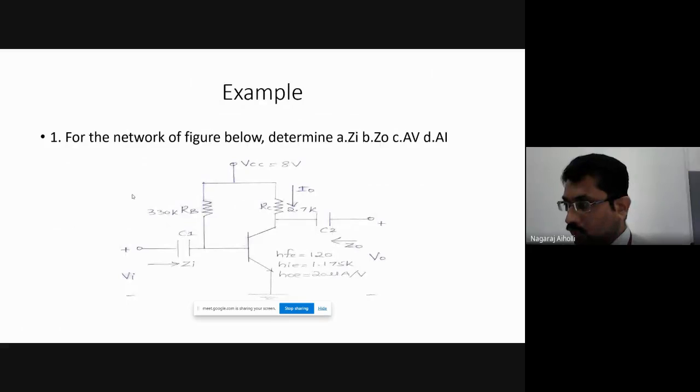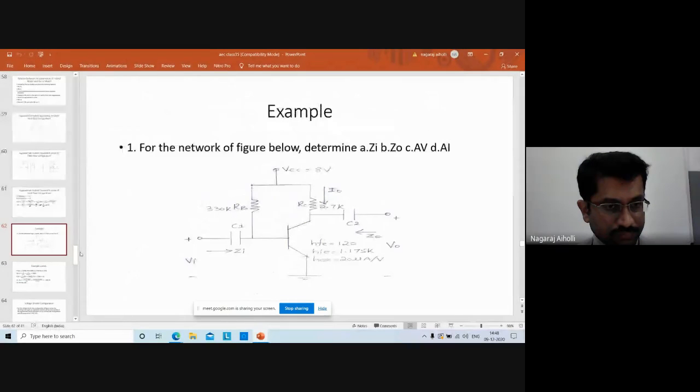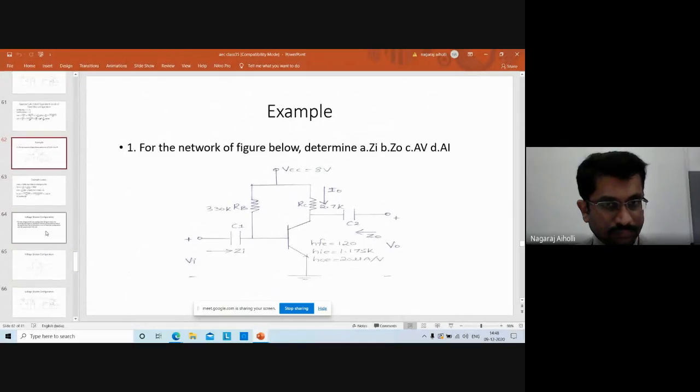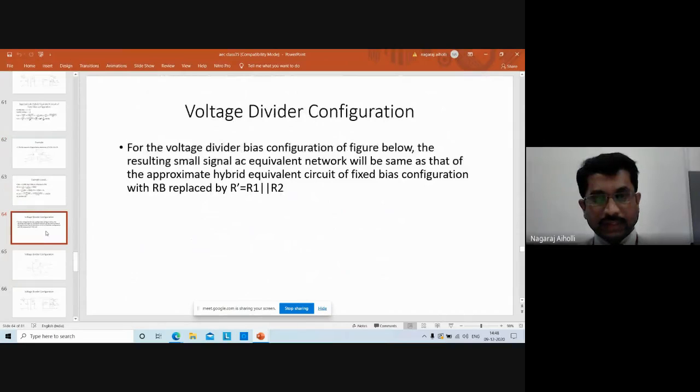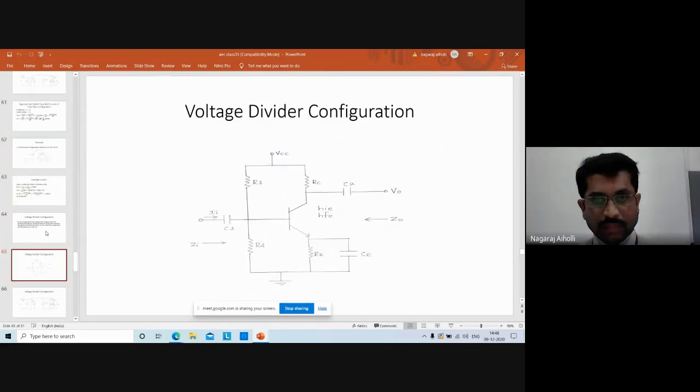Now let us move on to the performance parameters of the approximate hybrid model of the voltage divider bias configuration. This is the voltage divider configuration we are having here.